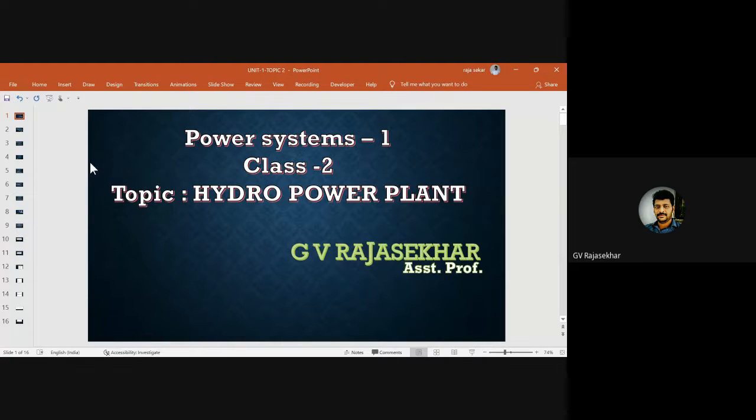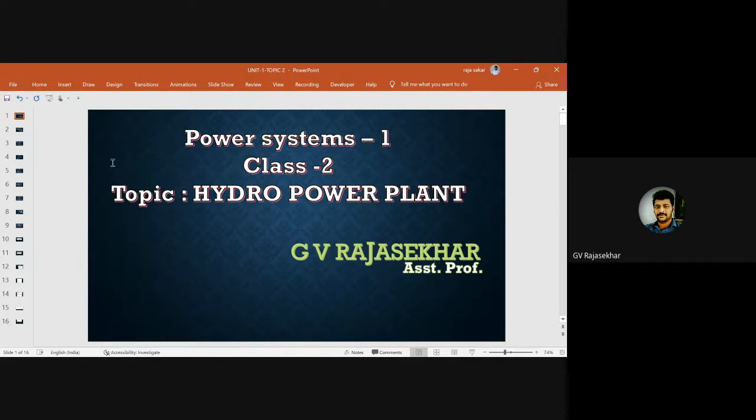Water is placed at a very high position so that it possesses high potential energy, and that potential energy is converted into kinetic energy at the turbine, and the turbine will slowly convert this kinetic energy into electrical energy with the help of an alternator. So here we are using water as a source.